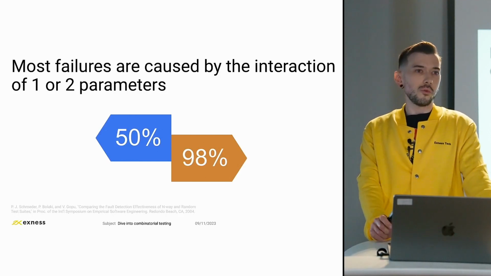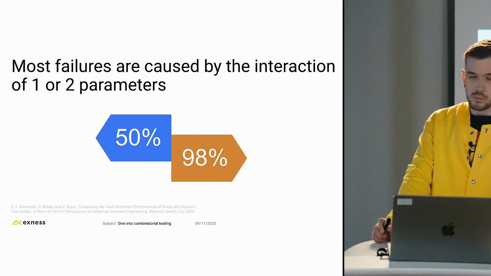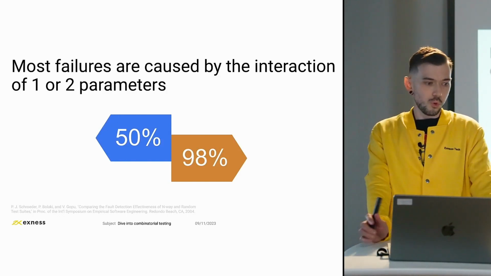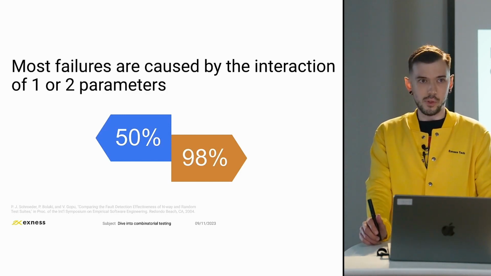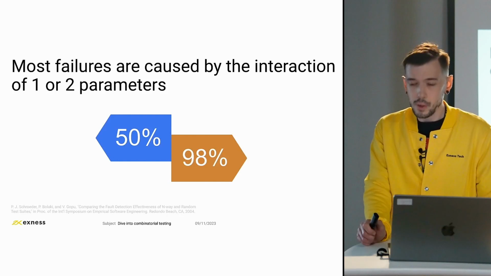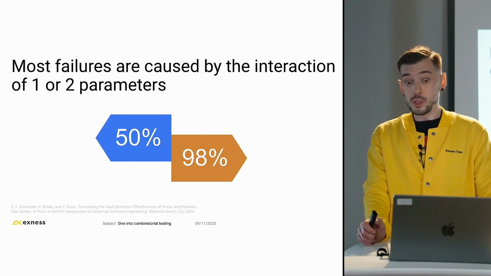And for those of you who don't care too much about three-wise and who just stick with pairwise, with a high chance you are okay with that. The studies show that this is the technique that covers most of the combinatorial issues.